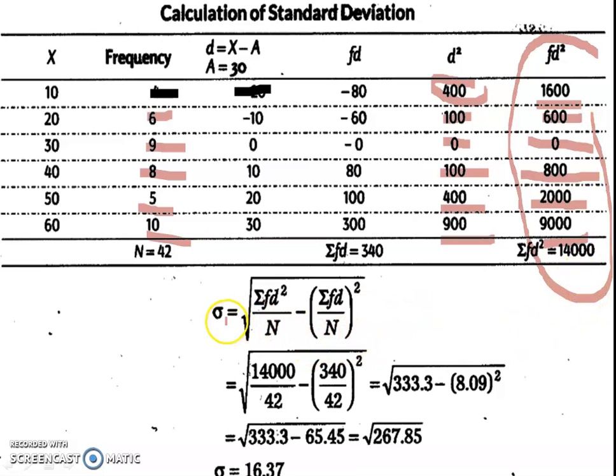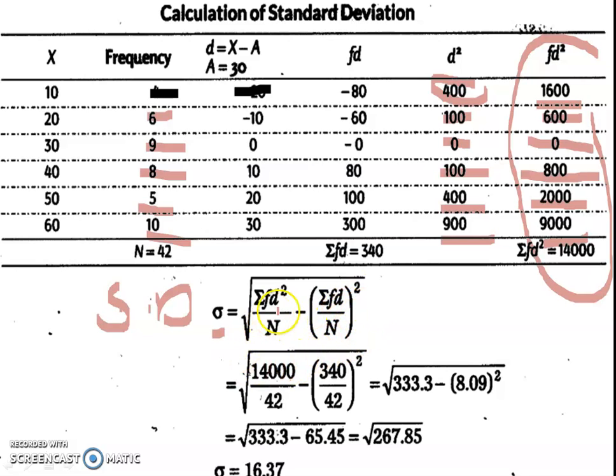So we write the formula: standard deviation sigma equals the square root of summation f d square upon n minus, in brackets squared, summation f d upon n.